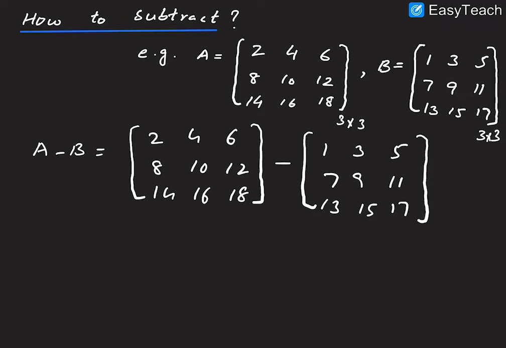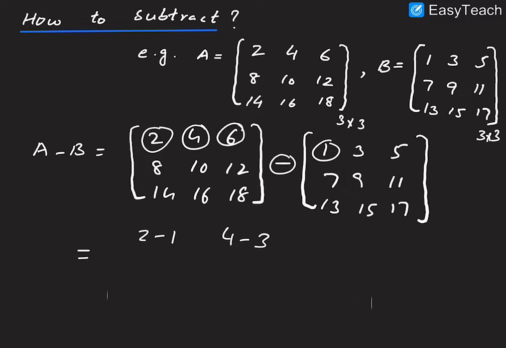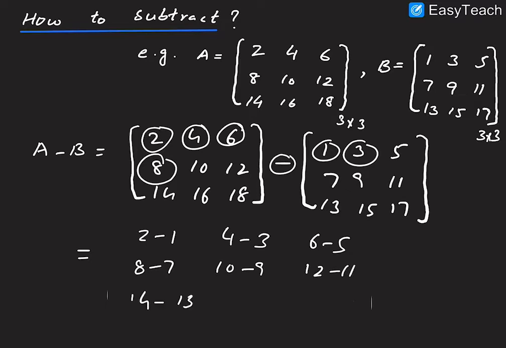Now how we will do A minus B? Similarly, like addition, you will do subtraction also. 2 minus 1, you can write here, 4 minus 3, 6 minus 5, similarly 8 minus 7, 10 minus 9, 12 minus 11, 14 minus 13, 16 minus 15 and 18 minus 17.